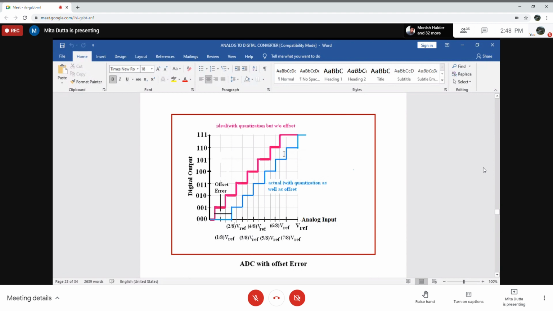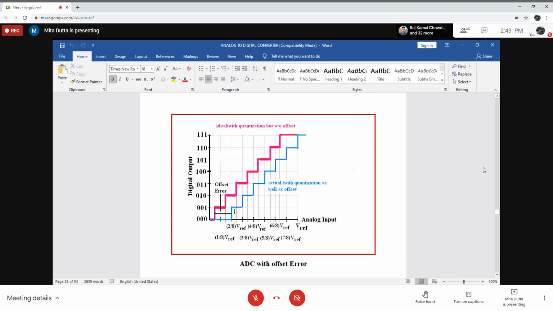And the blue one will be the input-output relationship of a 3-bit rounding off type ADC with quantization, but with offset. So here the offset error will be the horizontal transition of the input-output relationship curve.